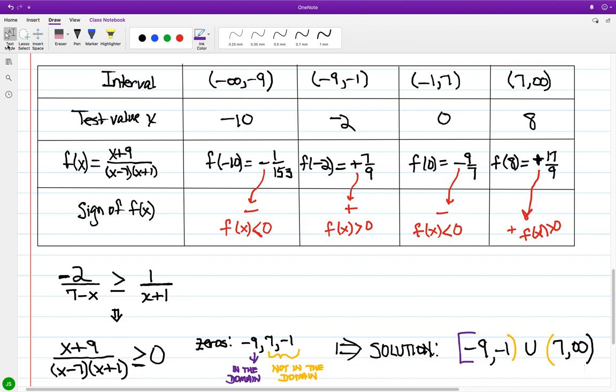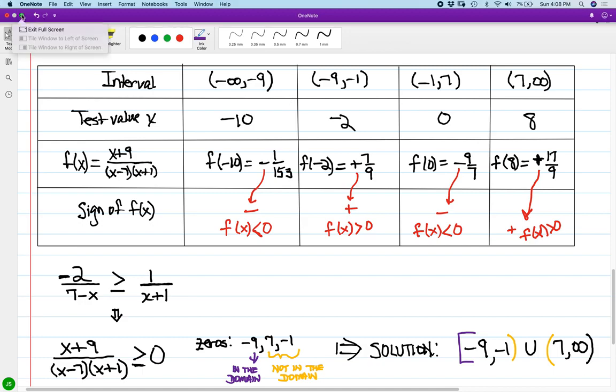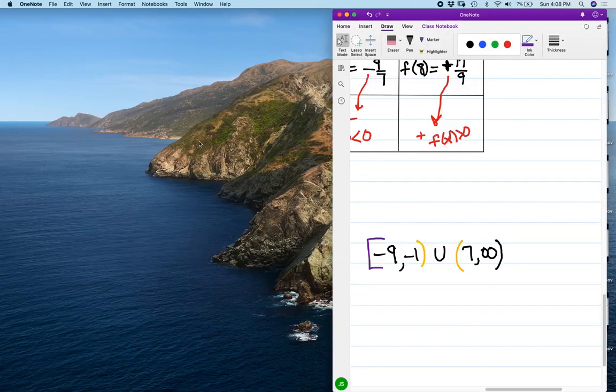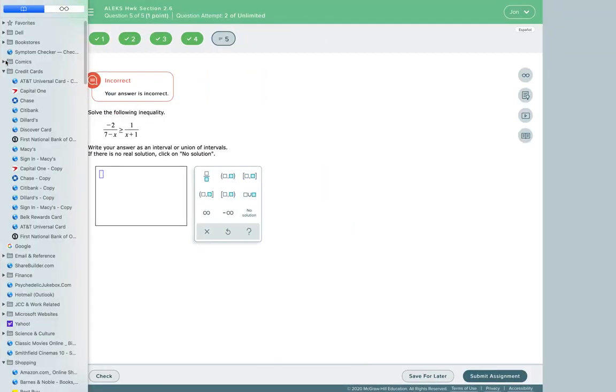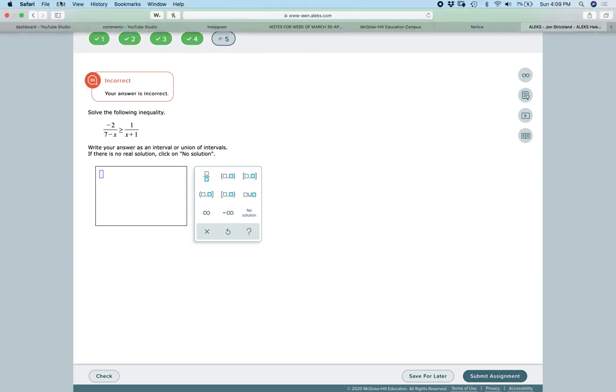Okay, so testing out what we have here, I had a little bit of a keystroke error earlier, so I had it incorrect.